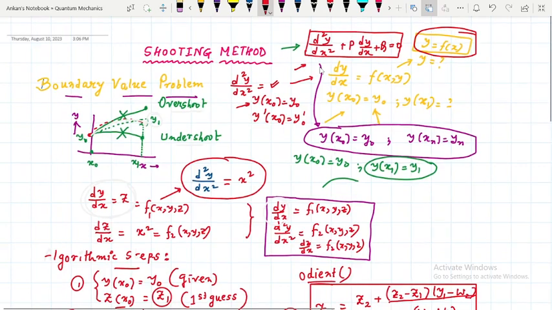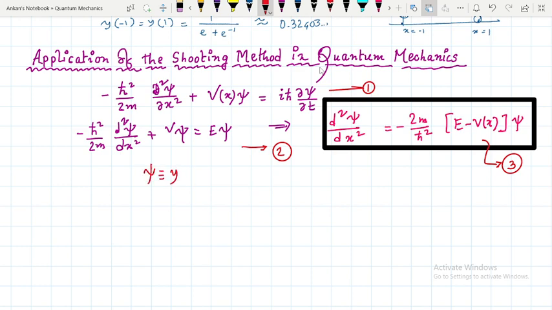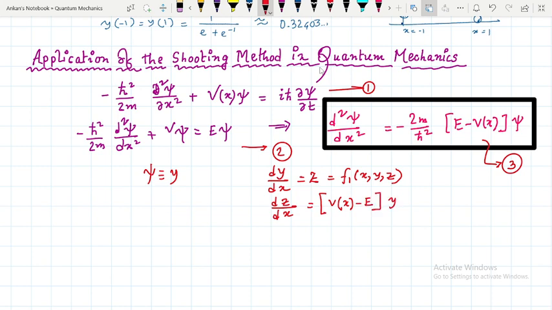You can also separate this into two equations, and by considering psi to be equivalent to y, you can say d psi dx, meaning dy dx, can be taken to be equal to z, which is also a function of x, y, z. And d2y dx2, meaning d2 psi dx2, is nothing but dz dx, which means V(x) minus E into y, which can also be taken to be a function of this.